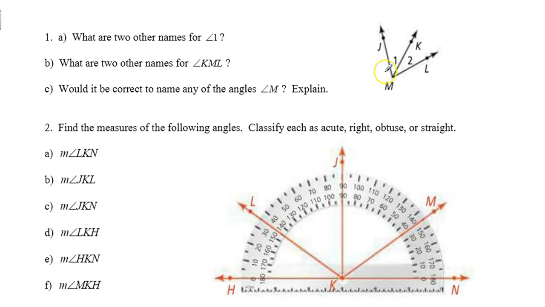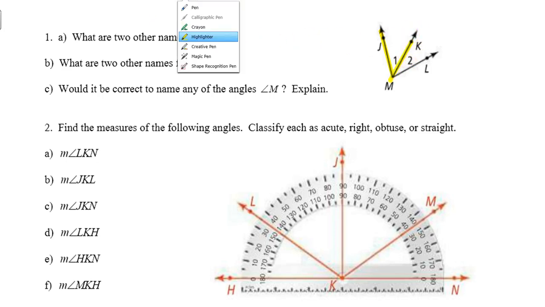Okay, let's go to the next page. Now, when we're naming angles, we can name them in a bunch of different ways. So question, what are two other names for angle 1? Let's get a little highlighter here to help us with this. Angle 1 is this angle right here that's created by this ray and this ray.